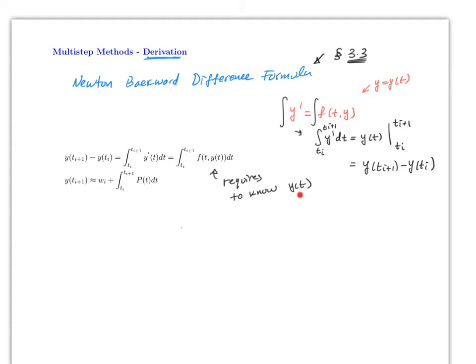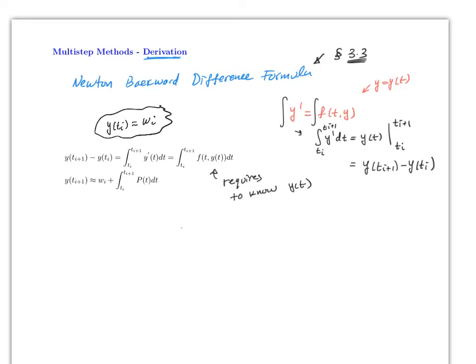So instead, what we're going to do is replace f(t, y(t)) by an interpolating polynomial. We did a lot of that before in chapter 3, so that's why I say the basis is going to be the Newton backward difference formula. So we're going to replace this by a polynomial. Also, we made the assumption that y(t) is around w_i, and we have used this assumption many times before.